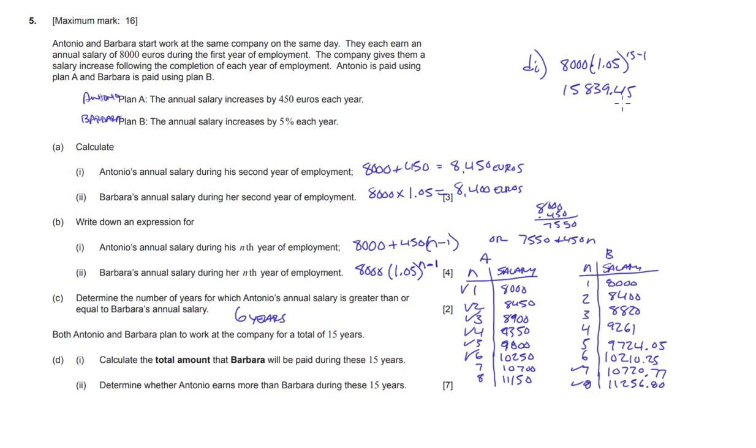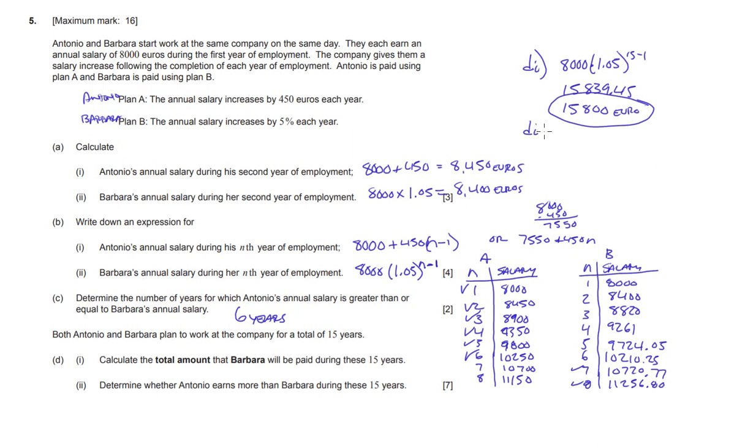We would definitely want to write that out, and then now we need to round it off to 3 significant figures, because it doesn't say anything up here about rounding to the nearest dollar, the nearest euro or 1/10 of a euro. So we got to go with 15,800 euro. That's going to be what Barbara makes.